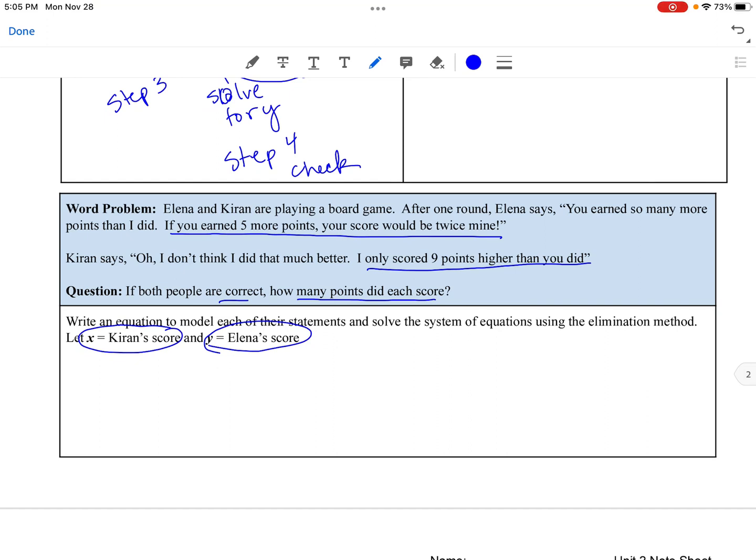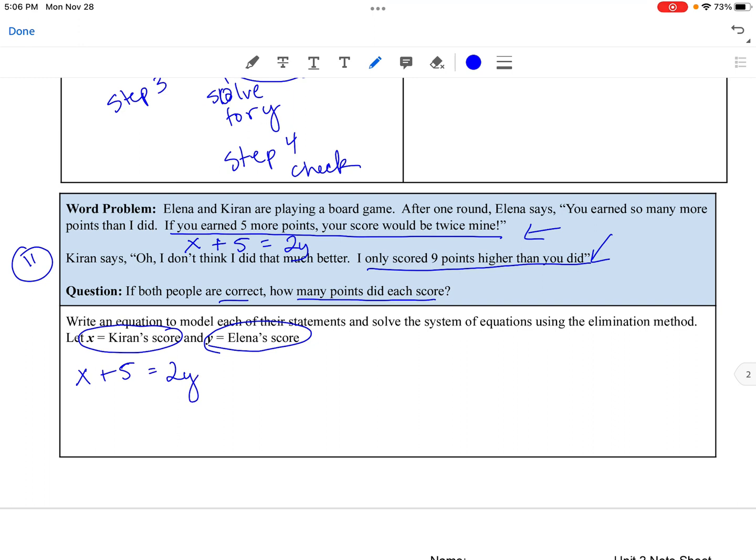So this is, Elena said, if you earned 5 more, so you, she's talking about Kieran, so if Kieran earned 5 more, so I would pause the video if you want to give yourself a challenge and see if you can write an equation for each of these. So if Kieran got 5 more points, his score would equal twice Elena's, so 2y. So there's one equation. I'll write that down here.